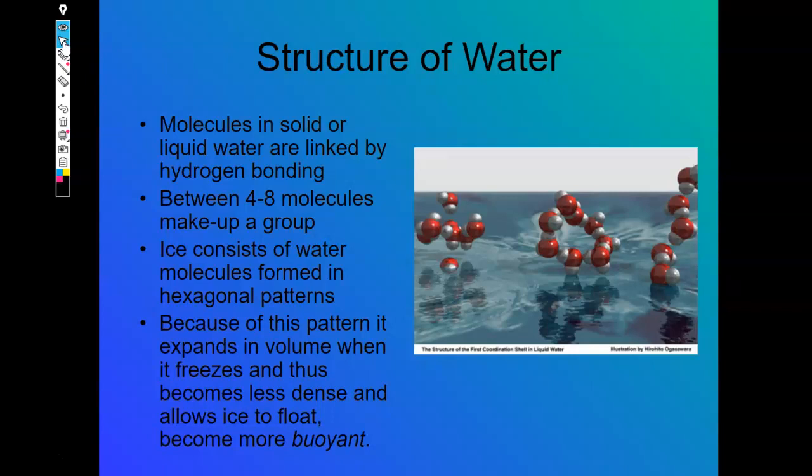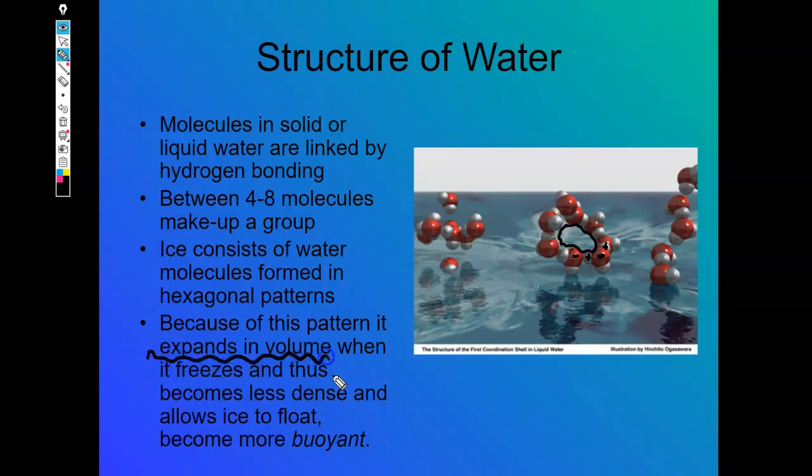They're actually just highly attracted to each other. And you'll notice they are attracted in the negative to positive format. And so between these 4 to 8 molecules, when they make up a group, there is going to be a section in the middle here that forms and causes the water molecule to take up more space, more volume.